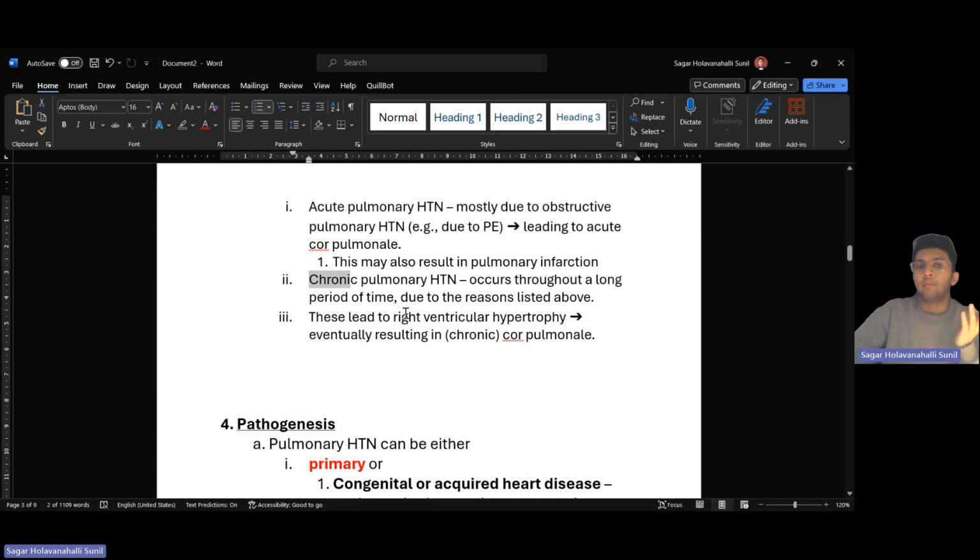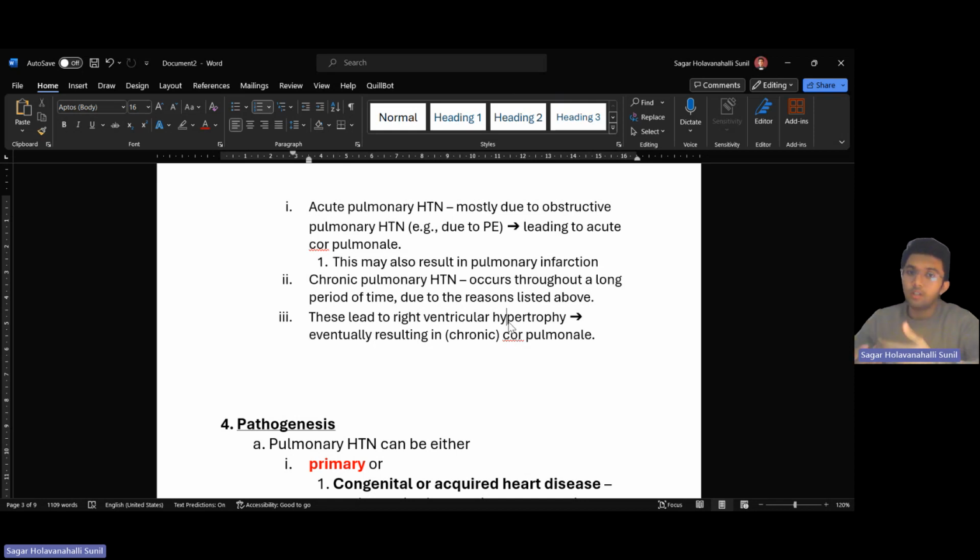So there can be a hypertrophy. Hypertrophy is essentially a mechanism to adjust to the new extreme pressure stimuli. Whereas in systemic hypertension, the pressure is going to get transmitted through the aorta into the left ventricle first, right? And that's why you're going to see left ventricular hypertrophy first.